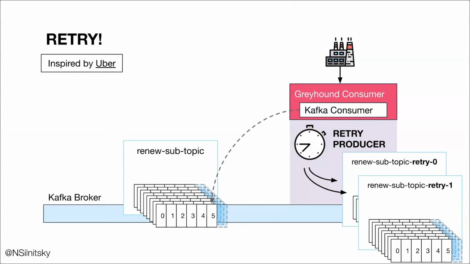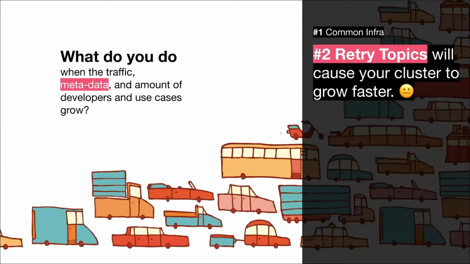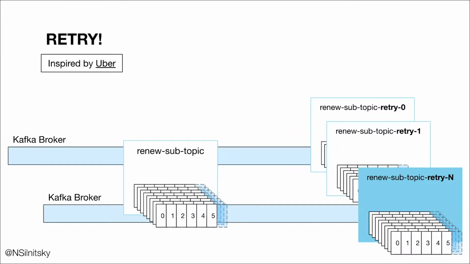Working with retries using retry topics was inspired by an Uber blog post that we read and we implemented on our side. But there's an issue with retry topics that will cause your clusters to grow faster. As you see, we have a lot of retry topics potentially because users want to have many retry attempts.